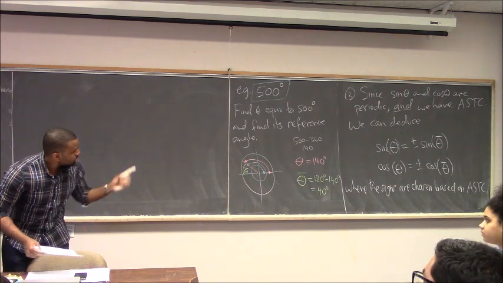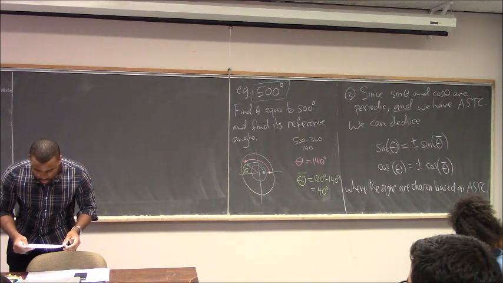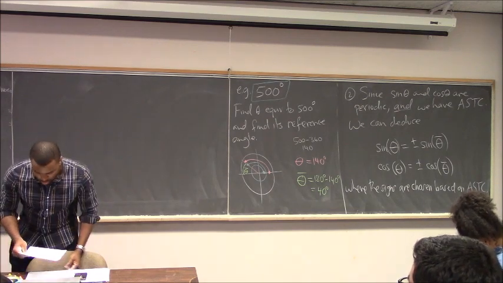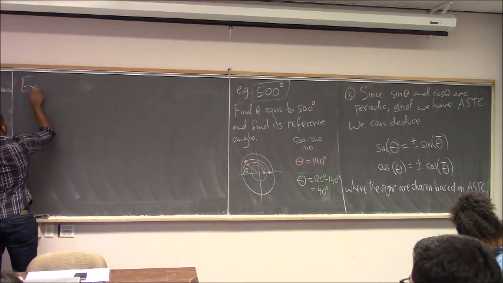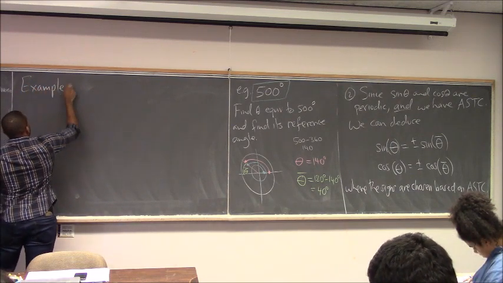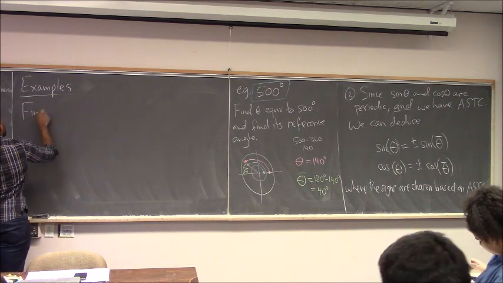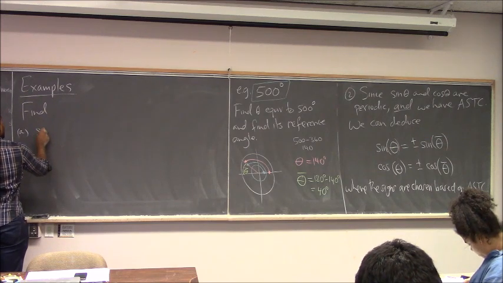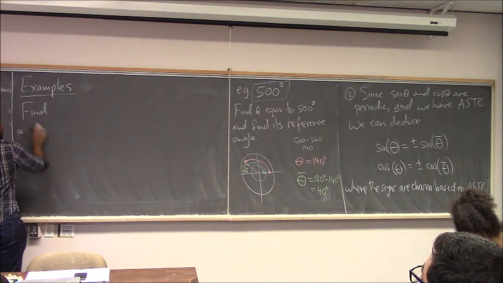Oh, I actually want to do some more of these examples, and then, but see, now that I told you that, this example is pointless. Let's actually just skip to the second one. Examples. We'll just do a few. Find the following. Or maybe I want to do it anyway.